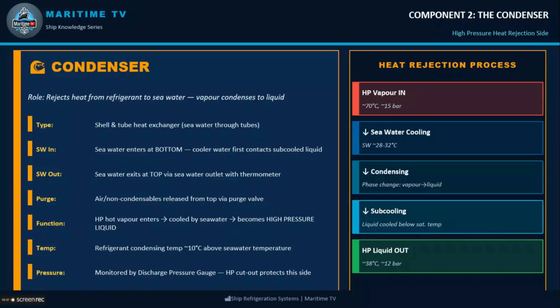The HP cutout protects this side. So this is the heat rejection process where high pressure vapor enters the condenser, seawater provides cooling, so condensing. This is the change of vapor to liquid, then subcooling. The liquid is cooled below saturated temperature, so HP liquid out.